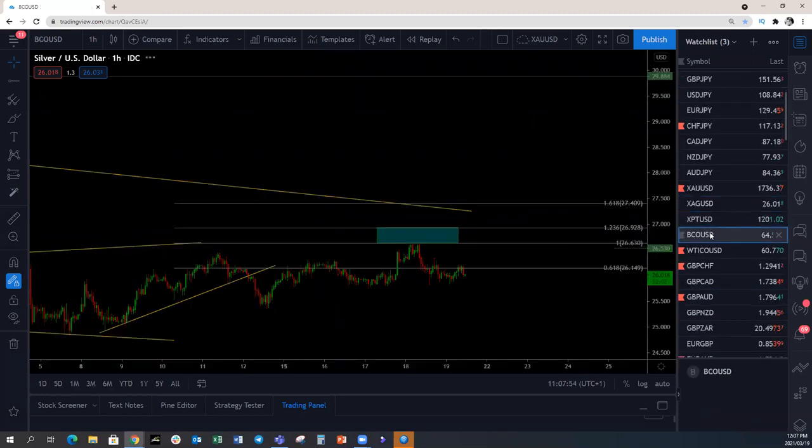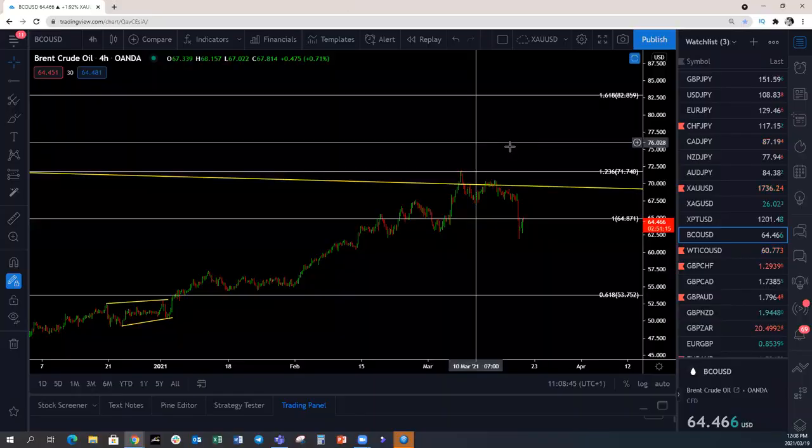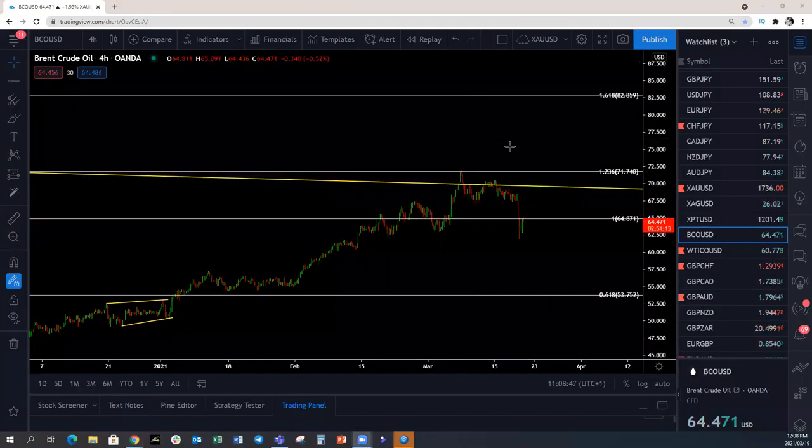Brent crude. This was the expectation here.